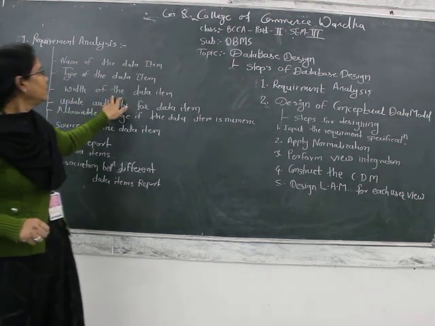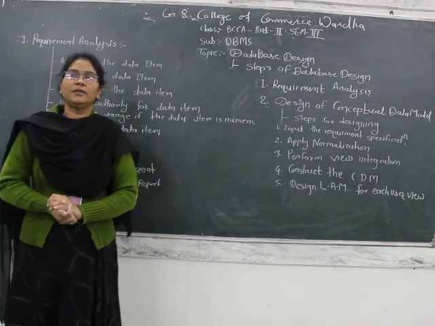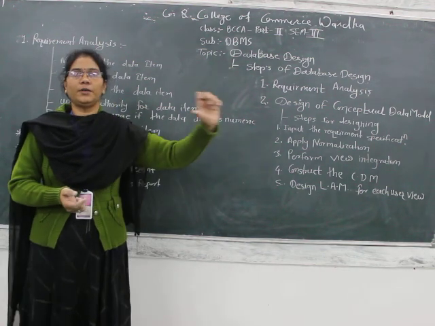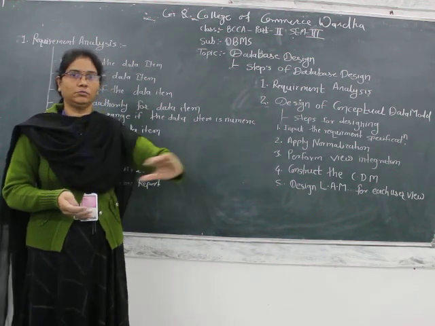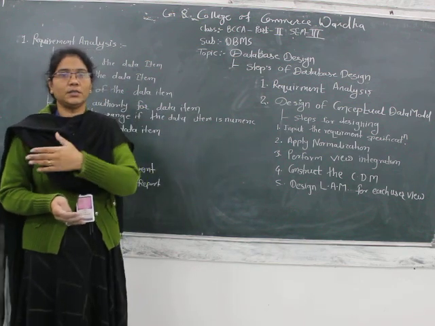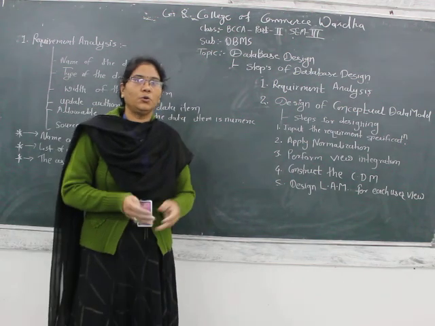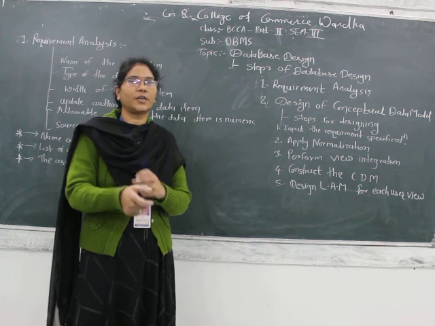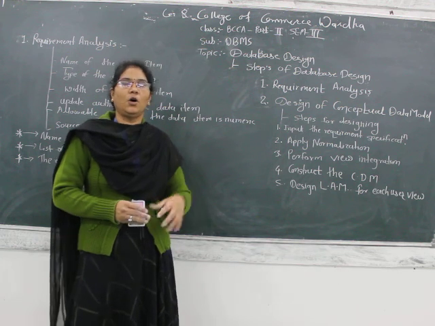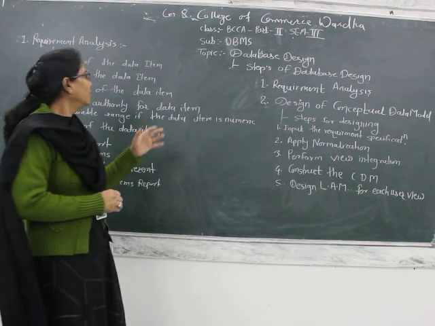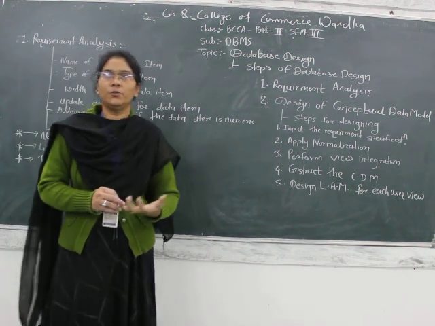Then the width of that data item. In some situations the name of the student has more and more characters, or we can say a larger number of characters. So we can restrict the user to enter only 5 characters or 8 characters.